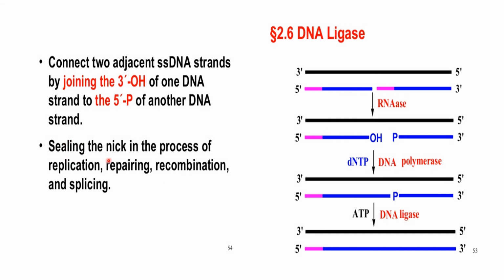This sealing of the nick occurs in the process of replication, repair, recombination and splicing. Wherever replication or repair of DNA is taking place, or recombinant DNA is formed, or splicing of DNA occurs, ligase is there to seal these nicks.